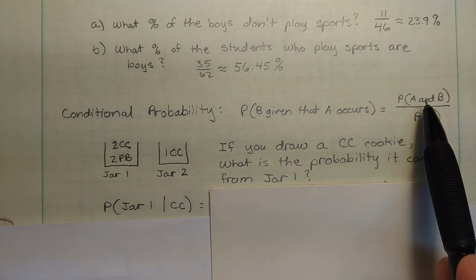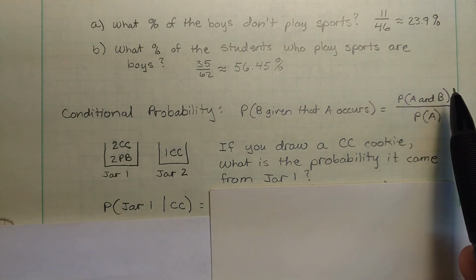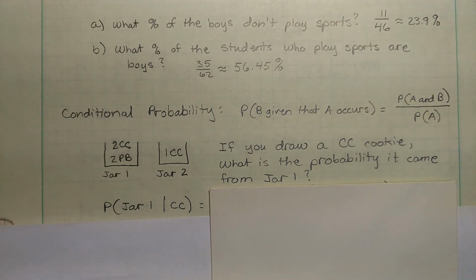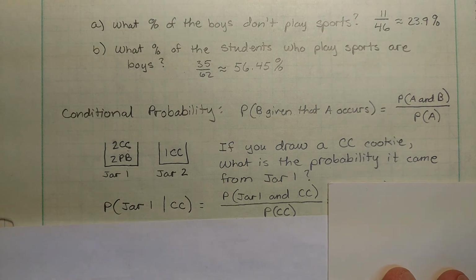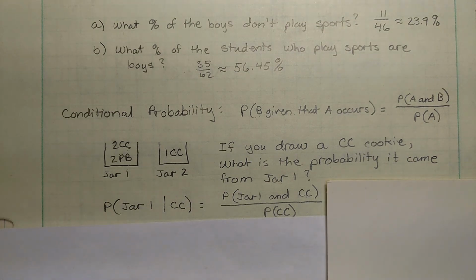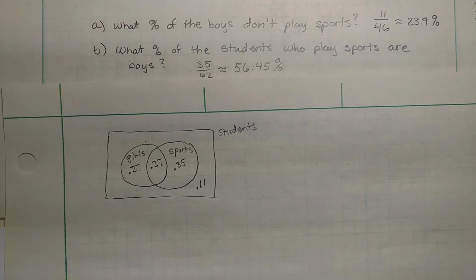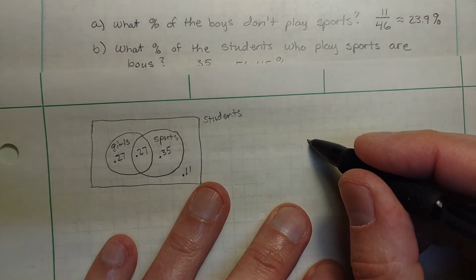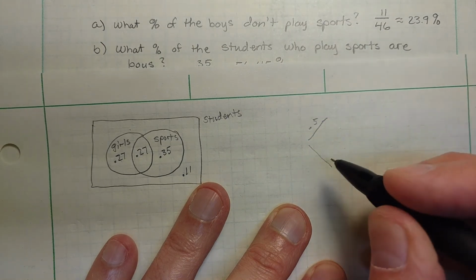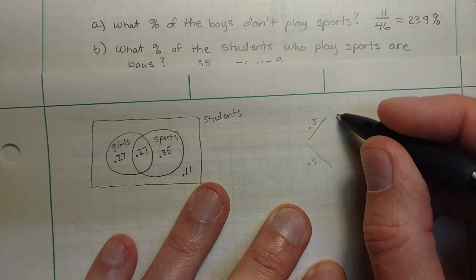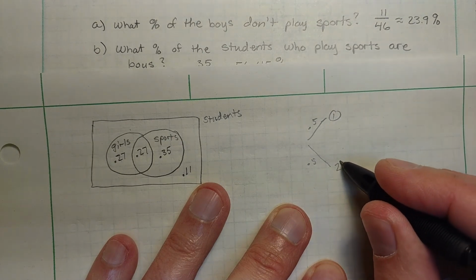So first I have to look at the probability of it being jar 1 and chocolate chip. A good way to do that would be a tree diagram. So if you wanted to, you could set up a tree diagram to figure out the probability of jar 1 and chocolate chip. So for instance, we would have a 50-50 choice of being jar 1 or being jar 2.